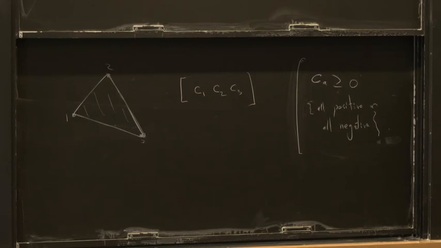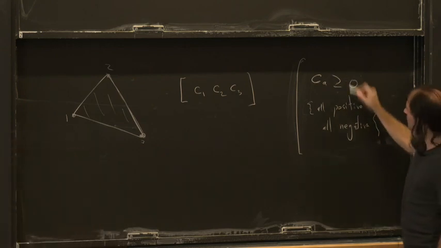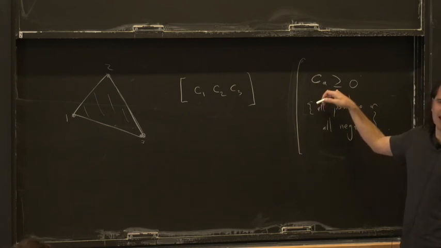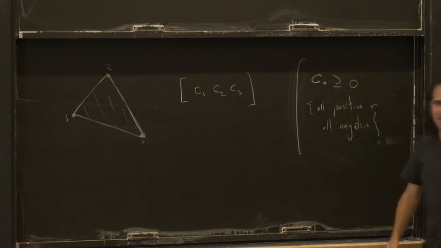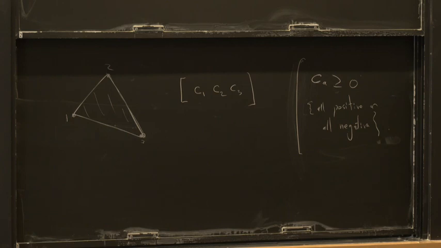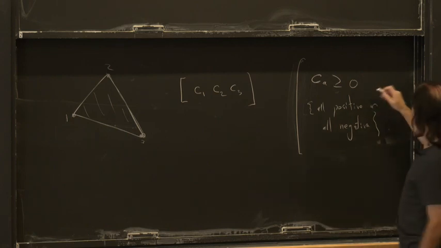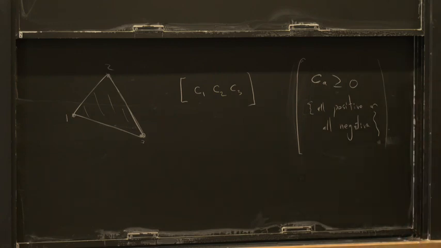If C1 and C2 vanish, that means I'm stuck at the point 3. So really, I should be calling this the non-negative. All these numbers are non-negative, but I'm going to keep saying positive, because we're going to be saying it a lot. So by positive, I always mean non-negative.